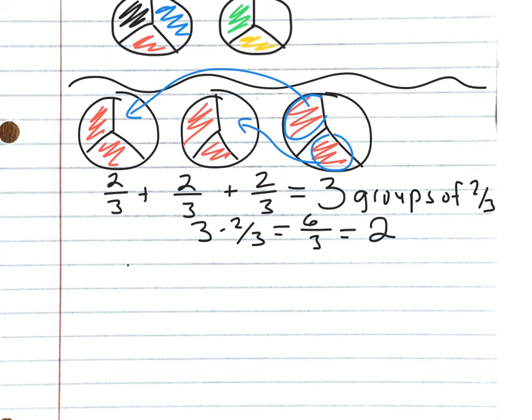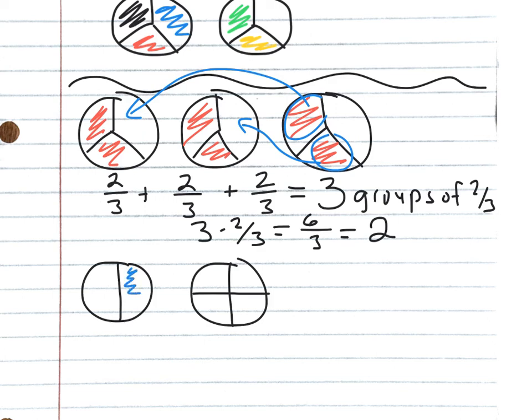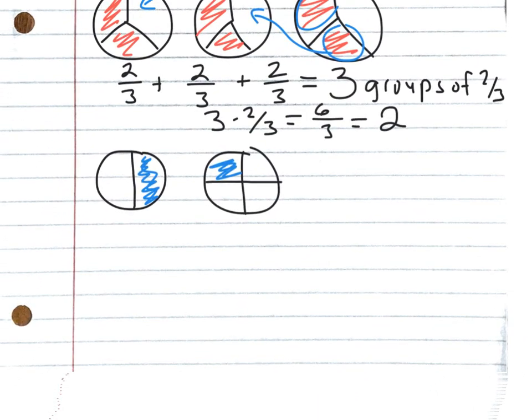What about this problem though? What addition sentence and what multiplication sentence could this be represented by? Addition, we see that we have 1/2 plus 1/4, which would give us a total of 3/4, because we could create that common denominator.